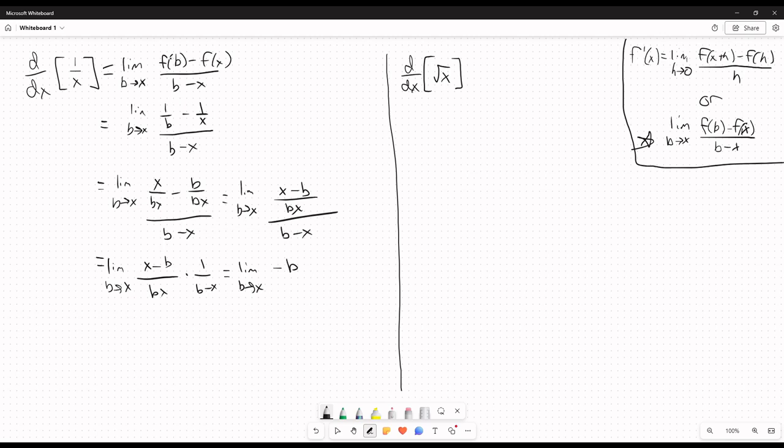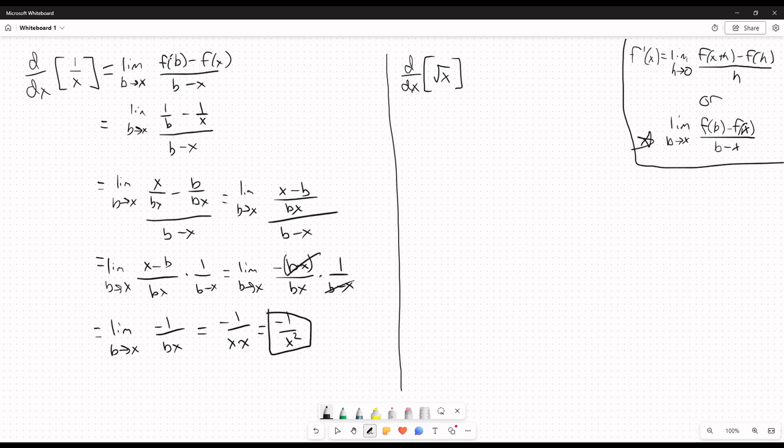So I can write this as negative b minus x, all in parentheses, over bx times 1 over b minus x. Cancel out our b minus x's, and we end up with just the limit as b goes to x of negative 1 over bx. That, of course, we can evaluate. That will just end up being negative 1 over x times x, which equals negative 1 over x squared.